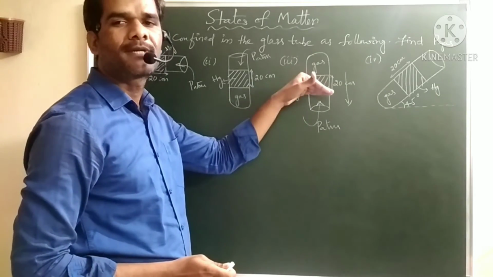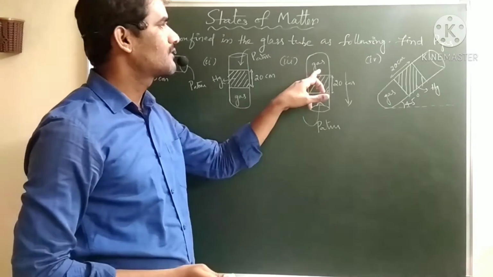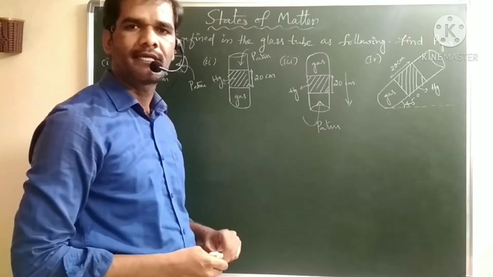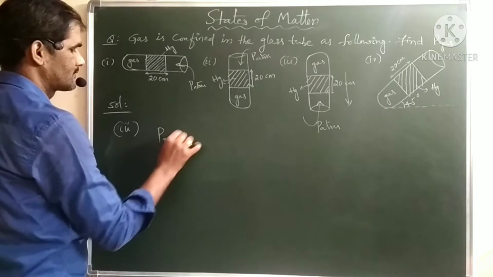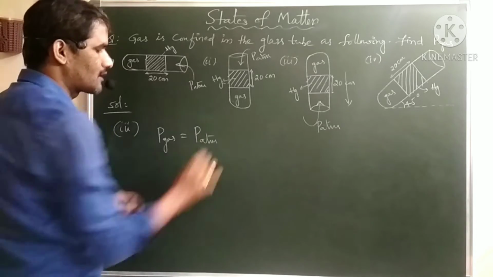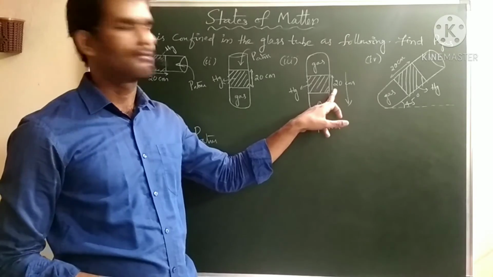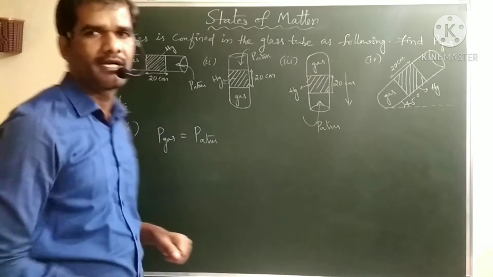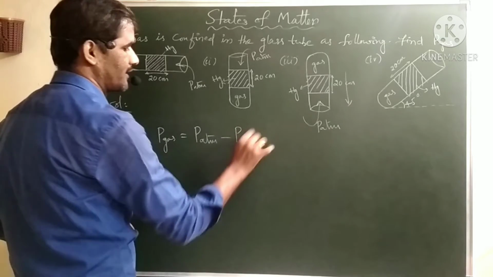The resultant pressure remaining from the atmosphere is what acts on the gas. So the pressure of the gas is the pressure of the atmosphere minus the pressure of mercury.